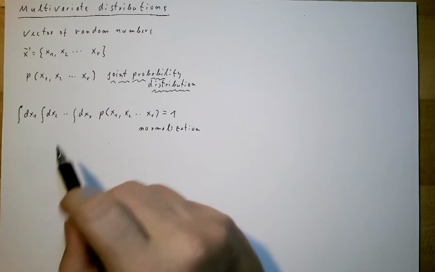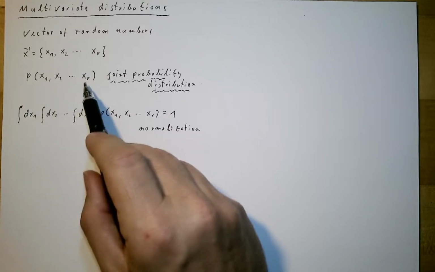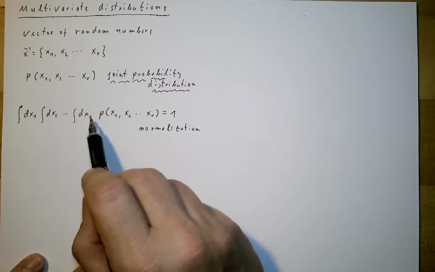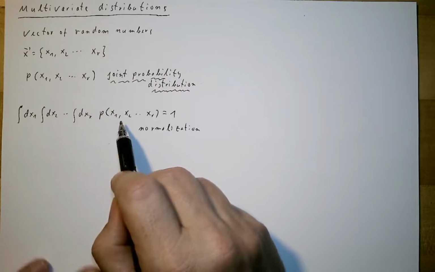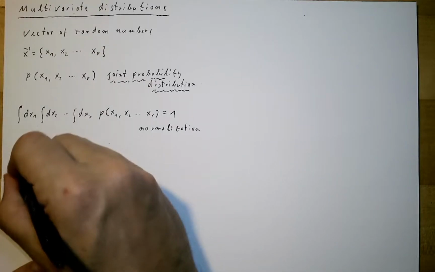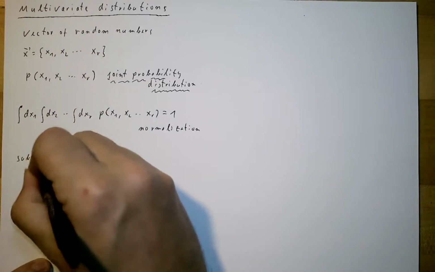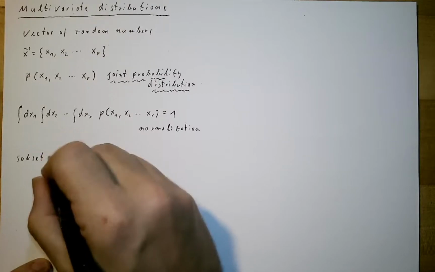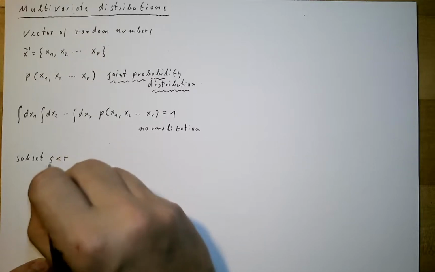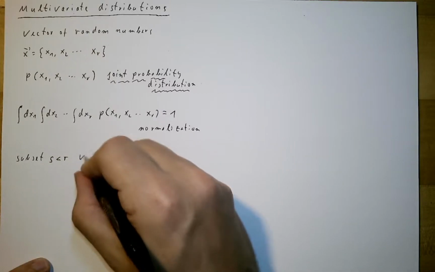Now, if you have a distribution of r numbers, you can integrate over just some of them. Then you end up with a distribution of fewer variables. Let's assume we have a subset of s variables, where s is smaller than r.